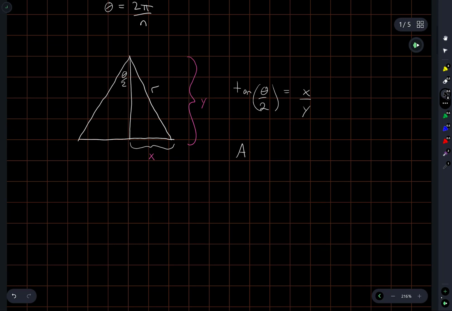And the area of this entire triangle, the whole triangle, not just one of the halves, is 2x y divided by 2, right? Okay, so it's just xy, because we need the entire base, which is 2x, multiplied by y, and then it's a triangle, so we divide by 2.